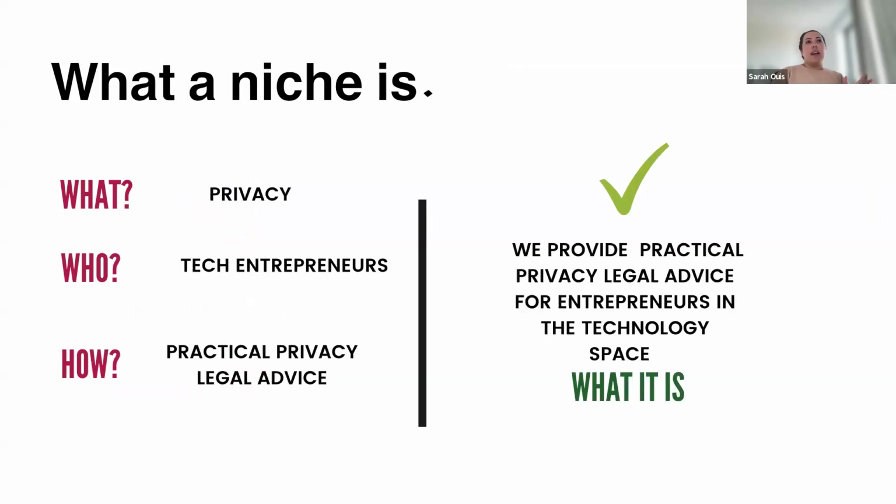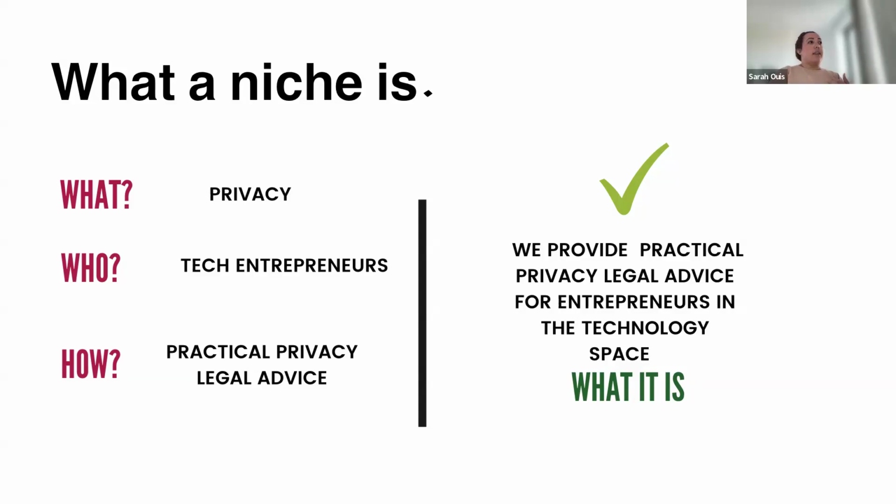The way I define a niche is through three lenses. First, you need the what. The what is what you do, your practice area. But it's not enough to have a what, you need to have a who. You have to be very clear in terms of who it is that you're targeting with your service. So in this particular example, tech entrepreneurs. And how are you delivering the value? Because again, if we refer to privacy, you could provide privacy advice.